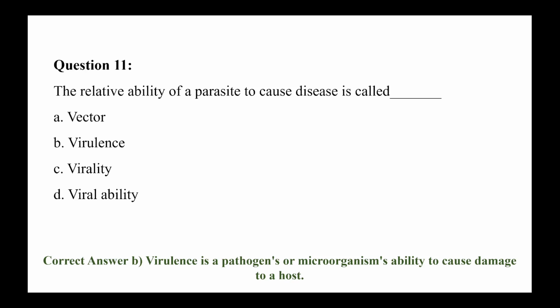Mosquitoes transmit that parasite from one human being to another. The one that is transmitting the disease is known as the vector. In case of malaria and dengue, mosquitoes are the vector.